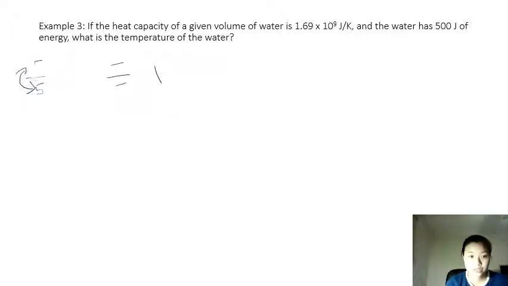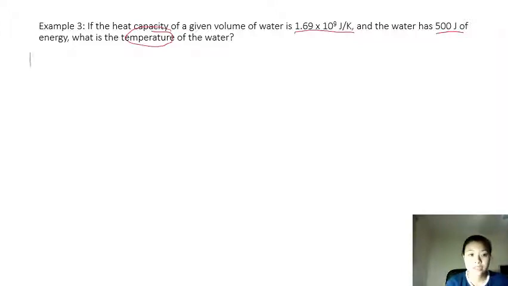So let's start this next problem. So I'm going to start it again by listing what I know and what I need to figure out. So if the heat capacity of a given volume of water is 1.69 times 10 to the 9th joules per Kelvin, and water has 500 joules of energy, what is the temperature of water?